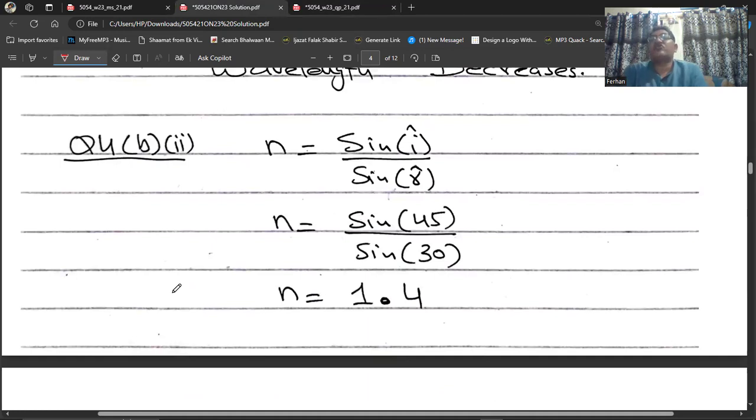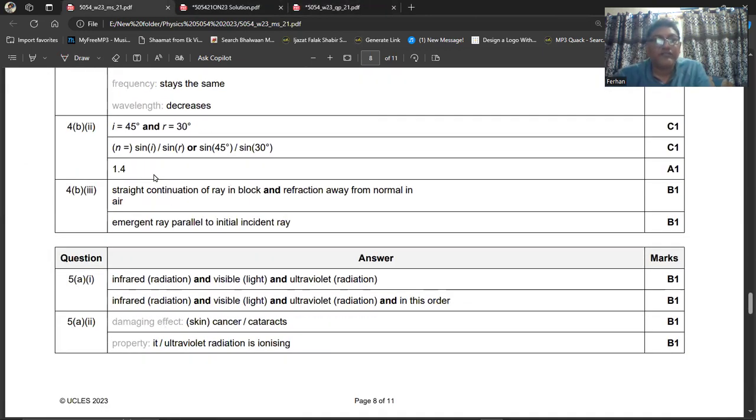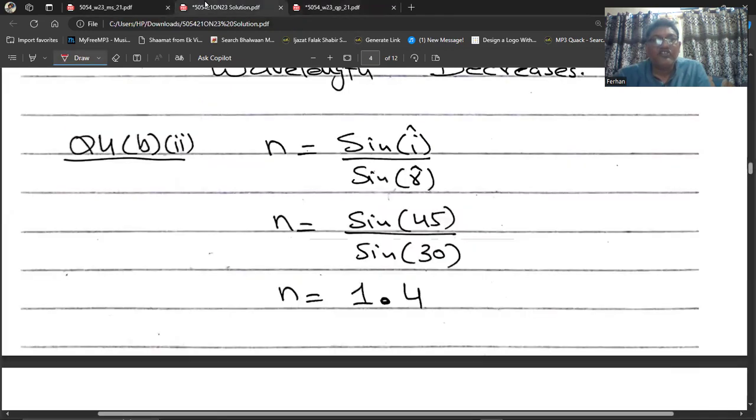So n equals sine 45 divided by sine 30. Just enter these values in your calculator. Your calculator must be set in degrees. n equals sine 45 divided by sine 30, and that will be 1.4. So the refractive index is 1.4. You can look at the marking scheme. Okay, this is my solution.